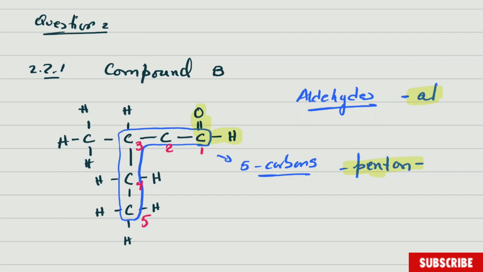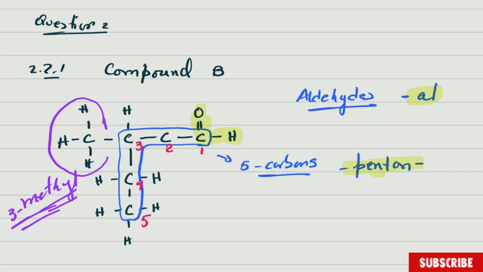But now we are going to look for the substituent. In this case, we have here a methyl group, and you can see it's in carbon 3. So you write 3-methyl.